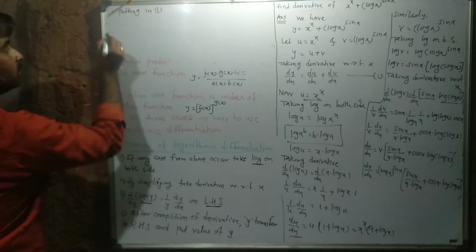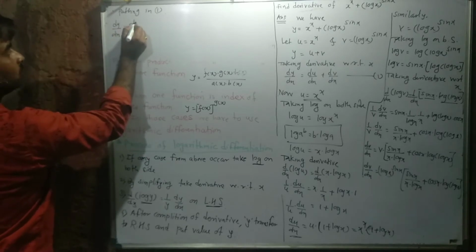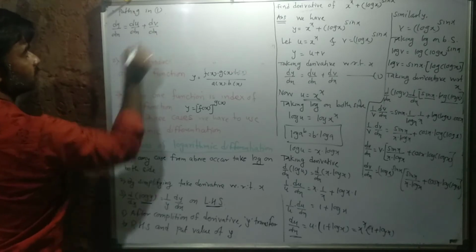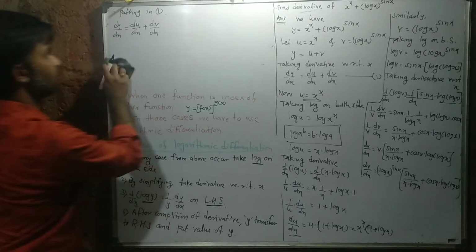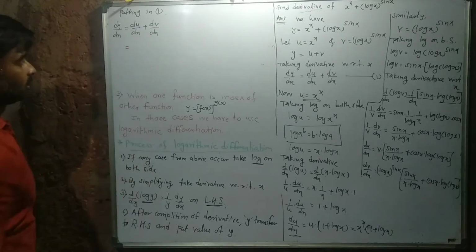That means you will get dy by dx is equal to du by dx plus dv by dx.